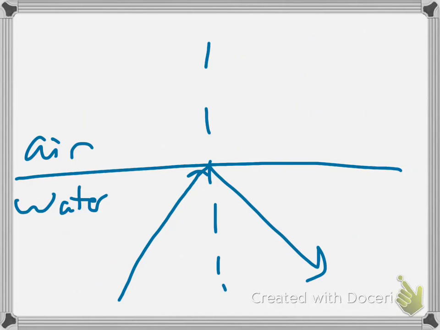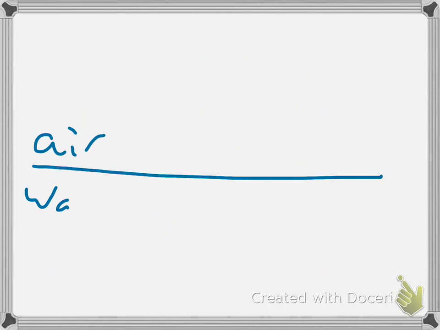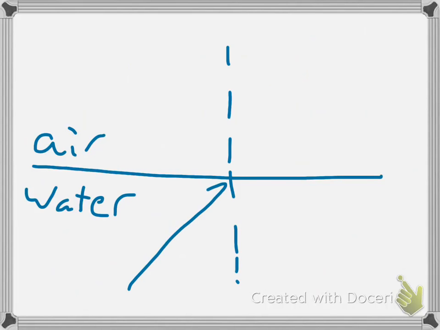One of the last things I want to talk to you about is something called the critical angle. So air, water. Here's our normal line. Here comes the light, and the critical angle is where it doesn't refract, it doesn't reflect, it just simply travels along the medium interface boundary. One of the things we know there is that this would be 90 degrees, and we solve for this critical angle.